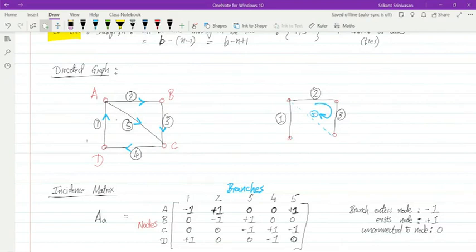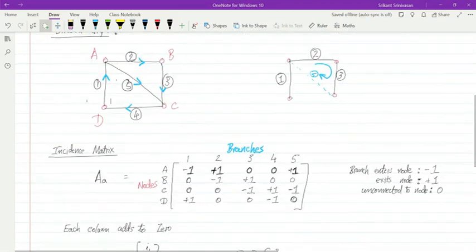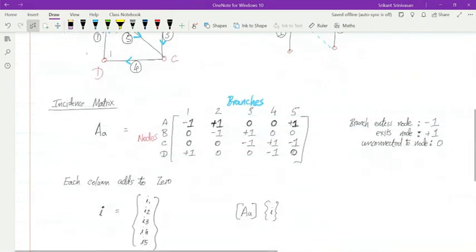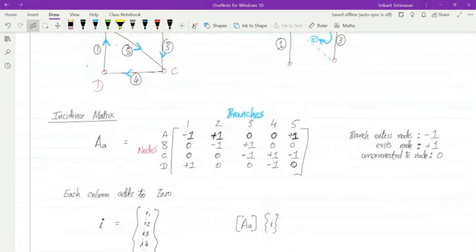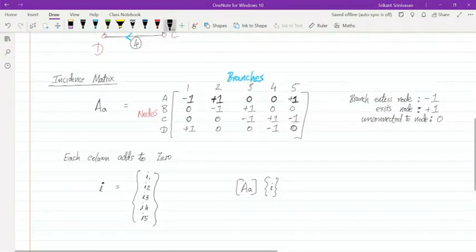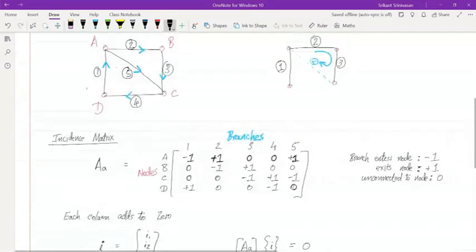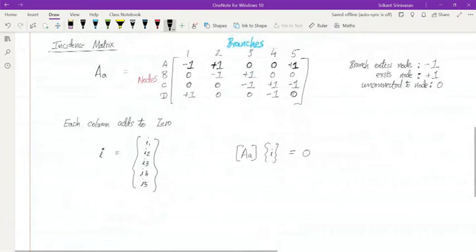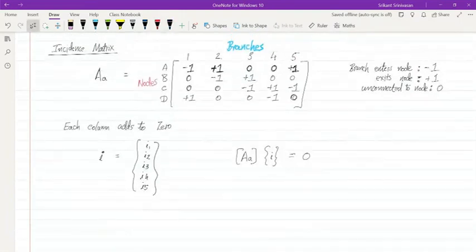As I1 is entering and I2, I5 are exiting, I1 is going to be equal to I2 plus I5, because the sum of currents entering the node should be equal to the sum of currents exiting the node. So I2 plus I5 minus I1 is equal to 0. This is basically the equation for Kirchhoff's current law, and this is what is coming out of an incidence matrix.